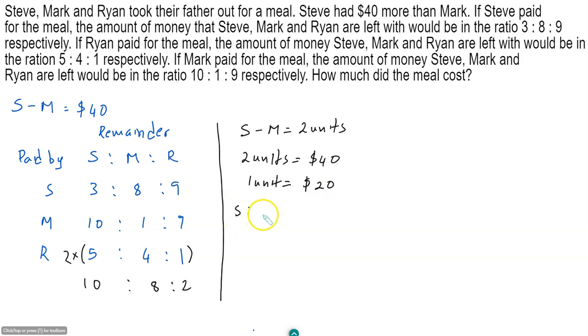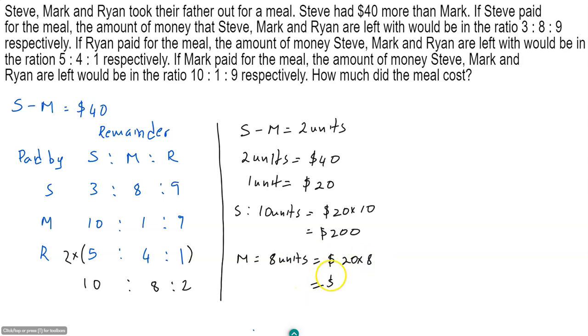So how much money does Steve have at first? So S is 10 units, which is 20 times 10, and that is $200. What about Mark? Mark has 8 units, and that is 20 times 8, which is 100.